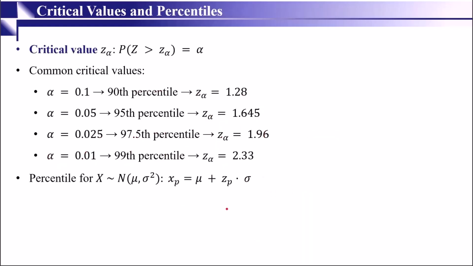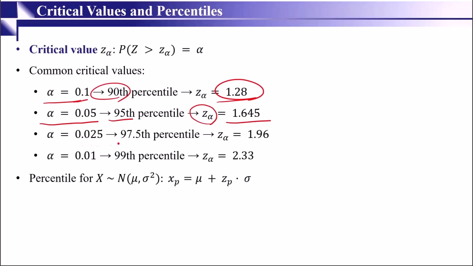Here, we extend critical values to non-standard normal distributions as well. For a normal distribution with mean mu and standard deviation sigma, the critical value for the 90th percentile is alpha equal to 0.1, and you can say that z of alpha is 1.28 based on the table that we have. If alpha is equal to 0.05, it means the 95th percentile, and z alpha is 1.645.